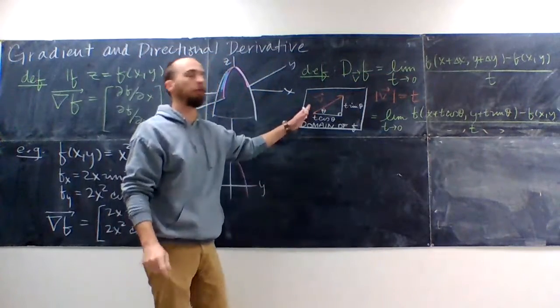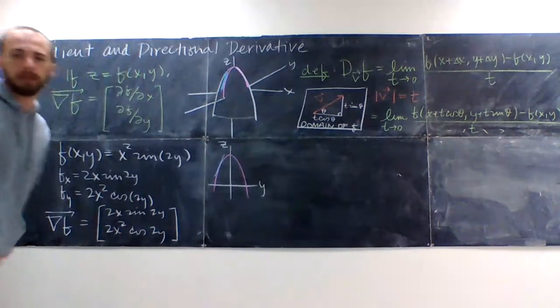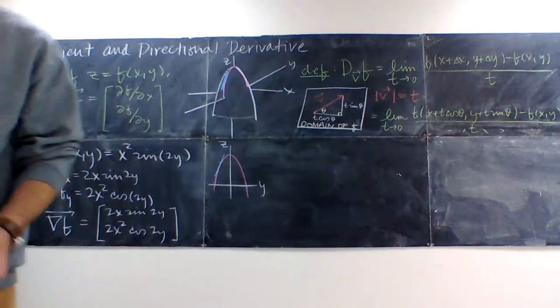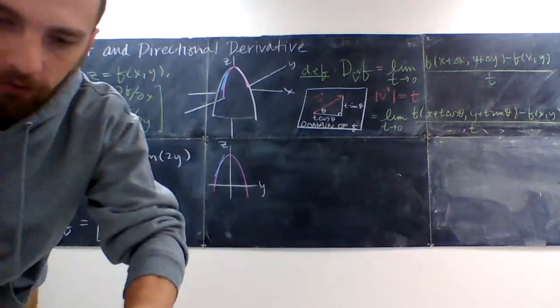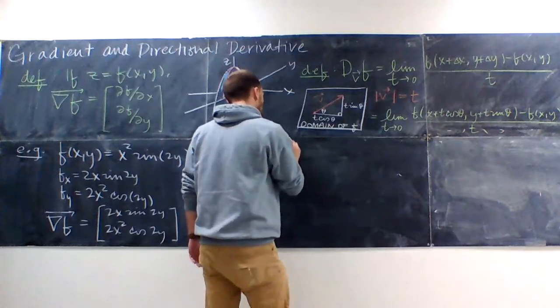So it's how much f changed when I just went a little bit in that direction. Okay. Right, and at this point I don't really have much else to say besides to give you the theorem on how we're going to actually compute this thing.